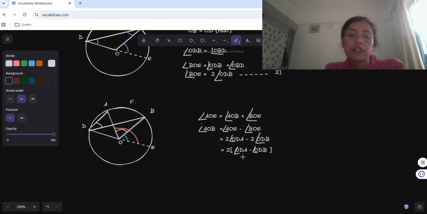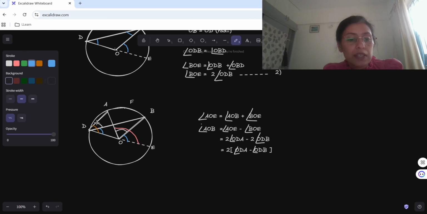Okay, now let's see what is angle ODA. ODA is this angle, and I am subtracting ODB from it. ODB is this one. So from this big angle, if I am subtracting this small angle, what does it give me?